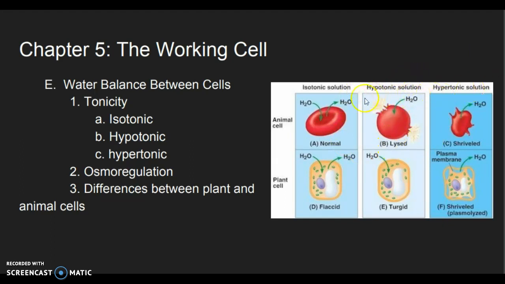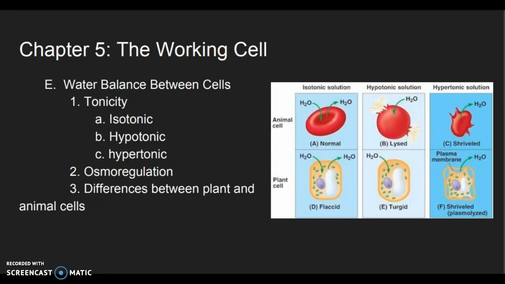So because we have a lower solute concentration and a higher water concentration on the outside of the cell, both of these things are going to work their way inside of the actual cell, causing the cell to swell up and eventually burst, which means that it will lyse. And the way that I like to remember this is that the word hypotonic has an O in it. So if you imagine this O as the cell, you know that this O is going to eventually lyse and burst because of everything that's flowing inwards.